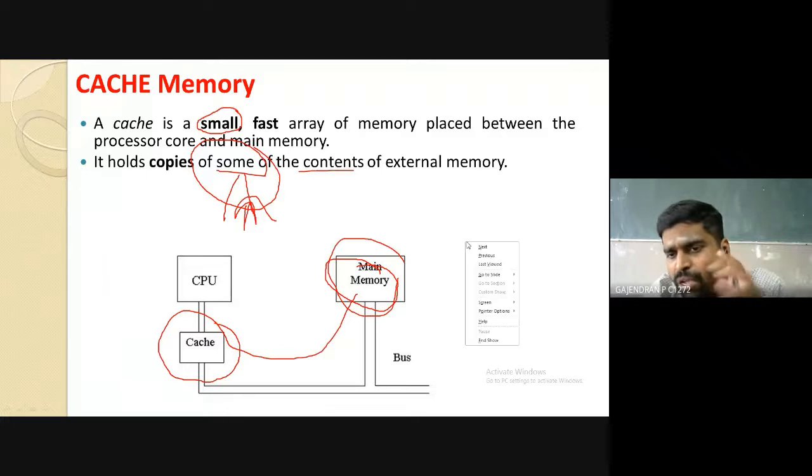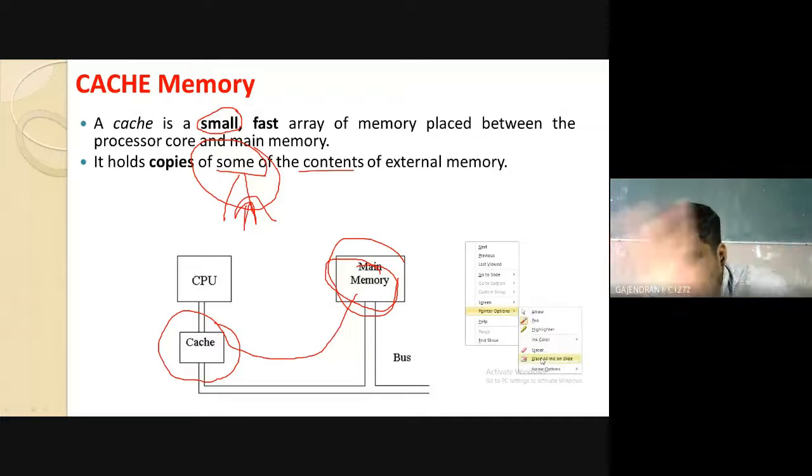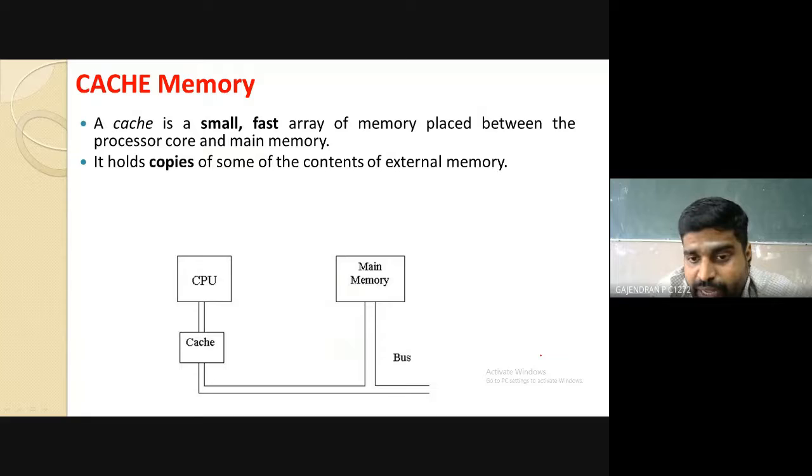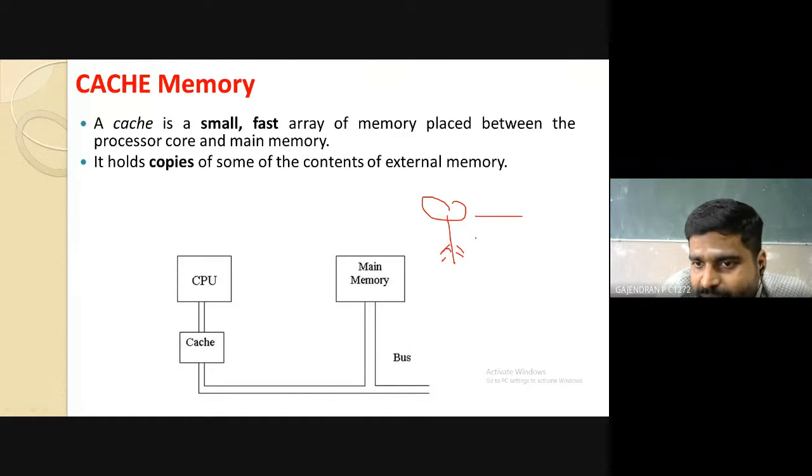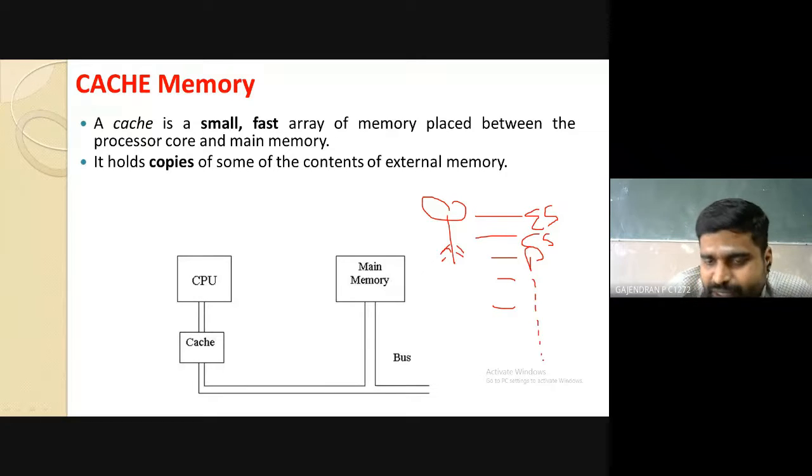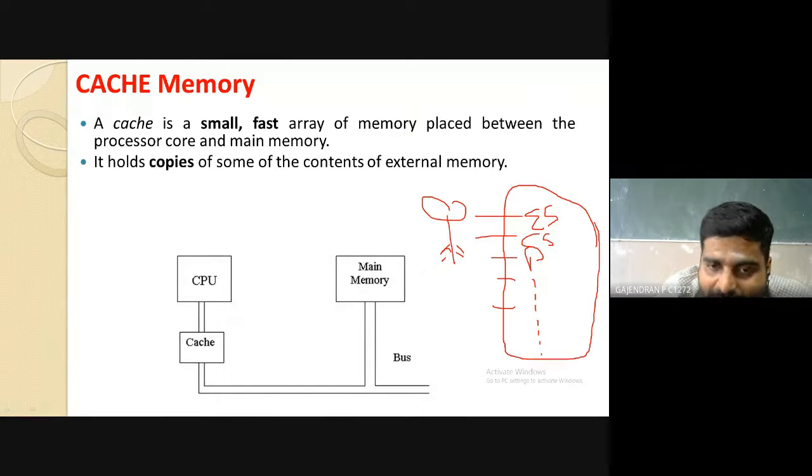I will tell you one simple example. See, you are studying many subjects: embedded systems, control systems, power plant and so on. Like that you are studying many concepts. So this is your whole syllabus. At present, we are discussing the embedded system concept.